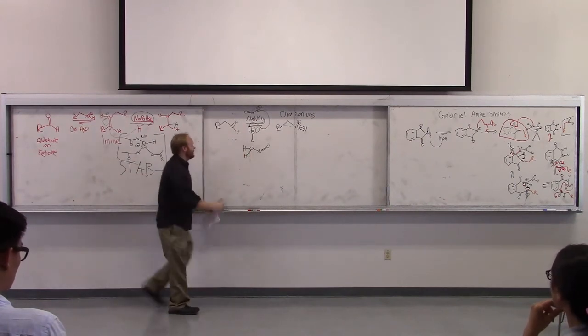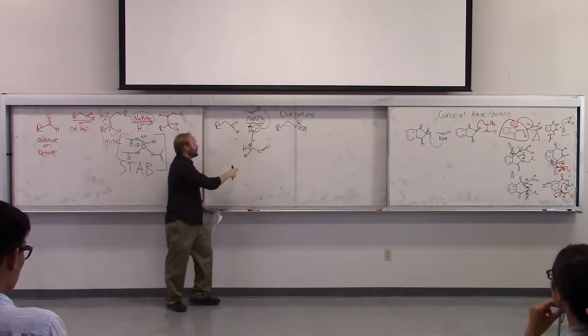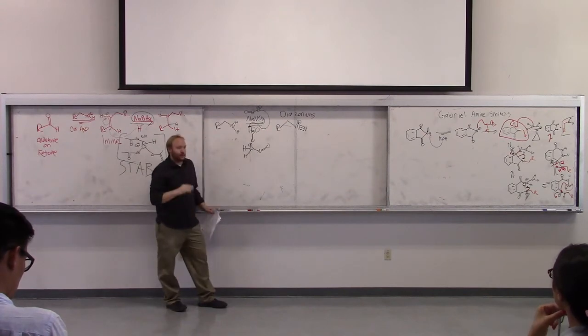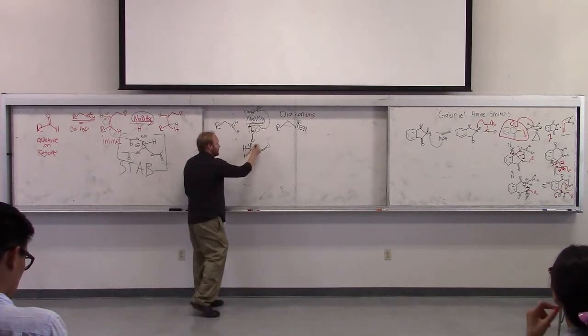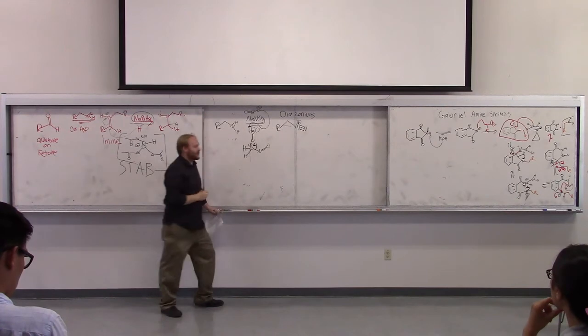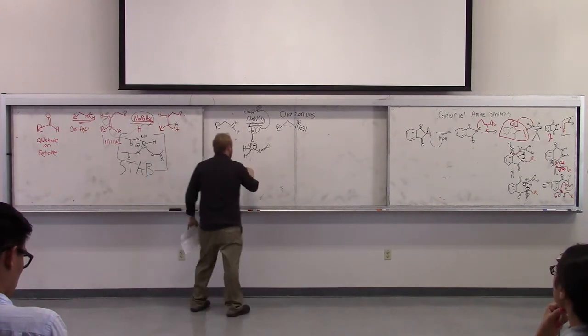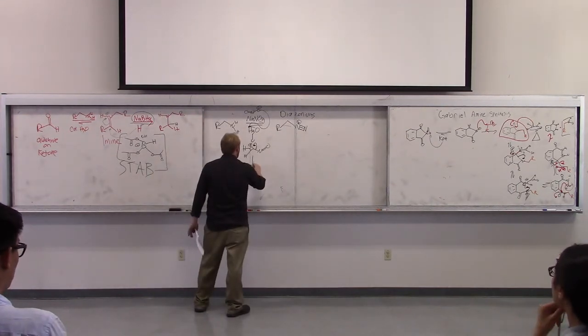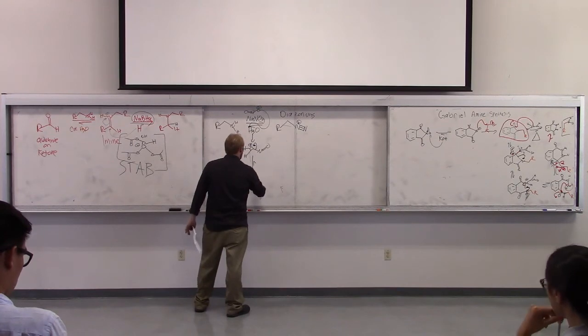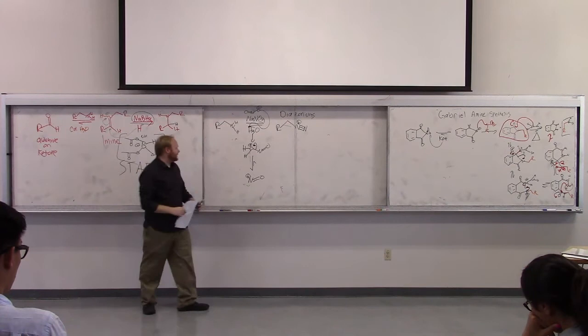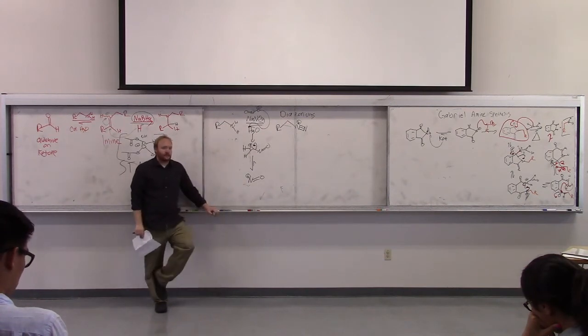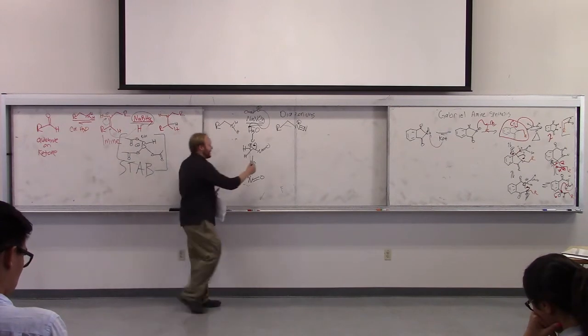Once we have HONO, if we were to, in theory, protonate this alcohol again, which we do to some degree, it can just leave, to give us a nitrogen double bonded to an oxygen with a positive charge on the nitrogen. So this will spontaneously form, giving off water.